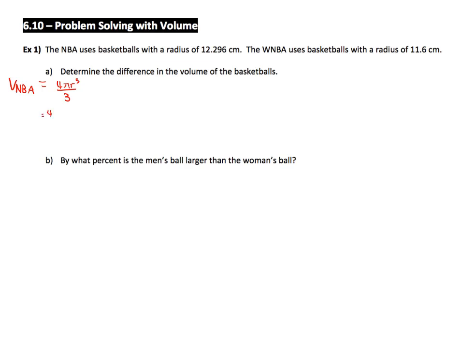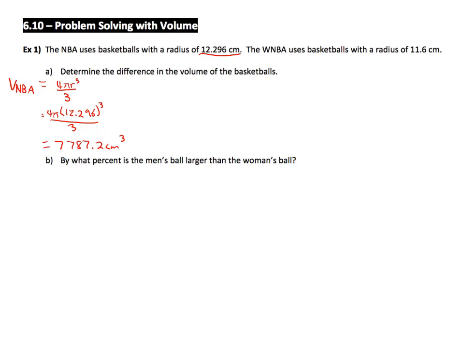So we have 4 pi times 12.296 cubed all over 3. Use our calculator, and you should get 7,787.2 centimeters cubed.